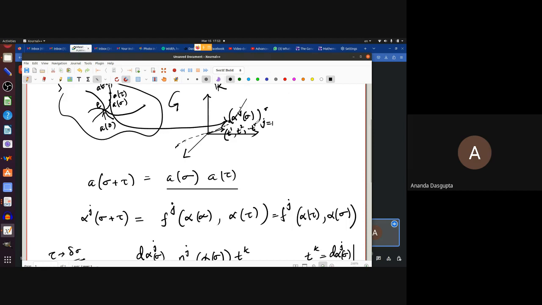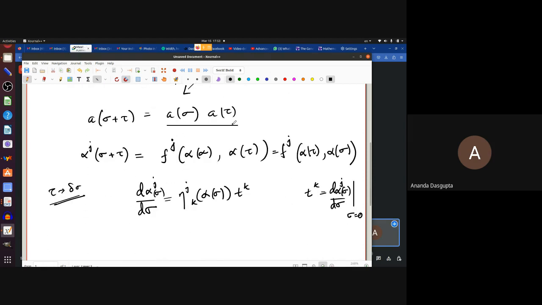So these numbers T1, T2, TR give you the tangent to this particular one parameter subgroup that you're looking at, at least the coordinate version of that at the origin. Okay, so this is what TK gives you, and using this differential equation you should be able to find out alpha j sigma. Of course, you also need the initial condition, but that's simple: alpha j 0 is 0.